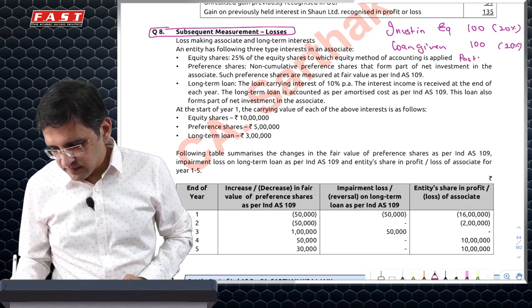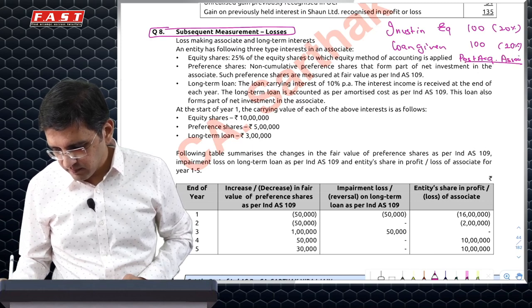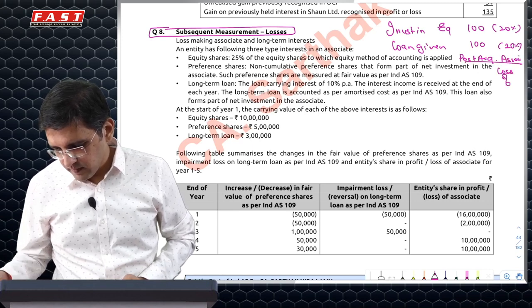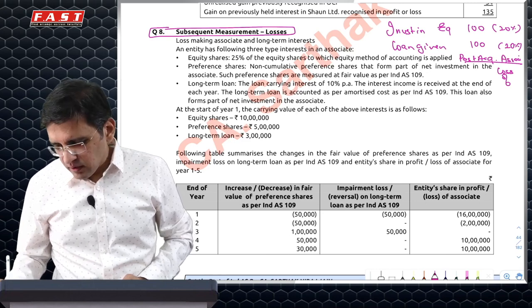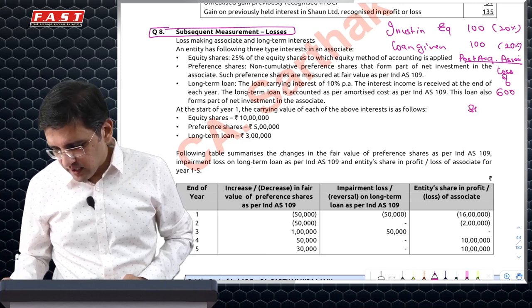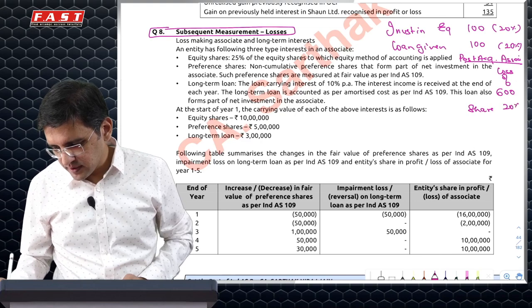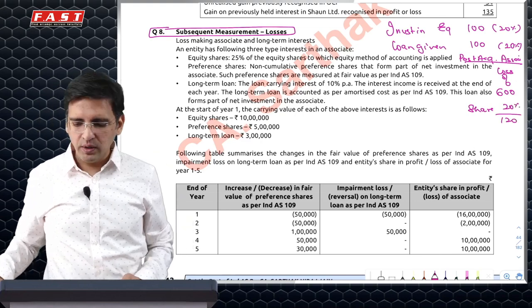Post acquisition, my associate makes a loss, and it makes a loss of, let's say, 600. So my share in this loss is 20%, as in 120. Now what do I do?